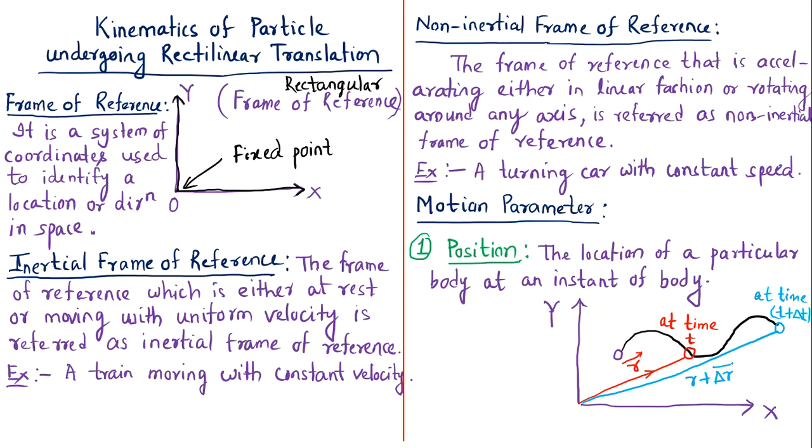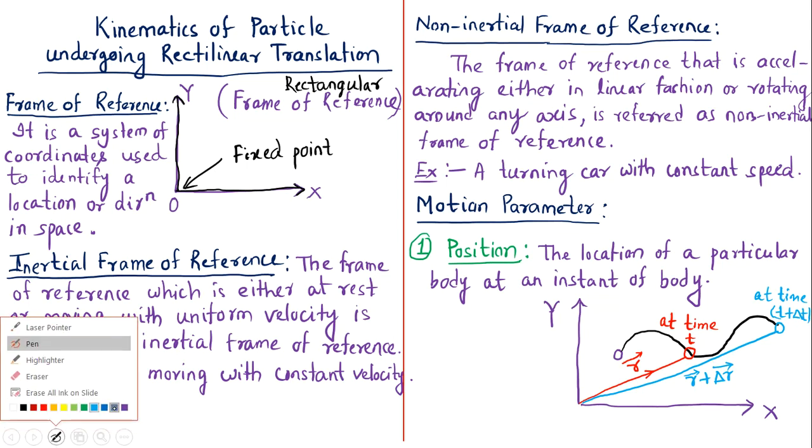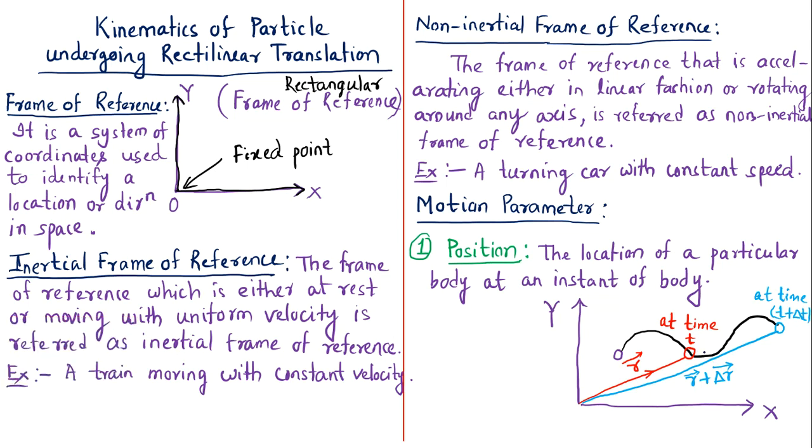That means in delta t time, it moves an extra distance of delta r. Clear? Got it?